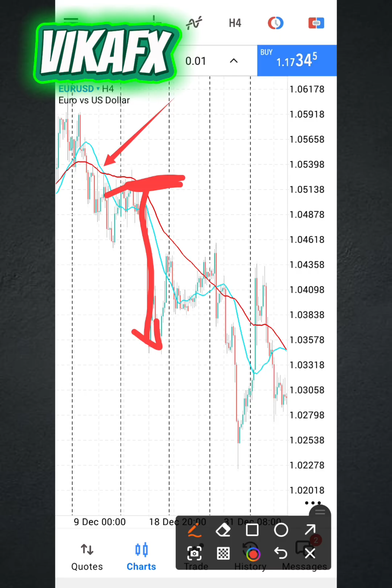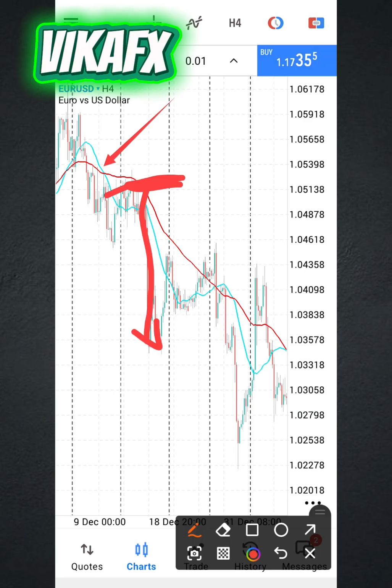Sometimes it must not be exactly at the tip of the moving average that price needs to hit. It's actually a zone, so it can be close to your moving average or a little bit above it. But the point is that when price comes around the moving average and gives you a strong reaction, a strong rejection of price, either up or down, that is your entry signal.